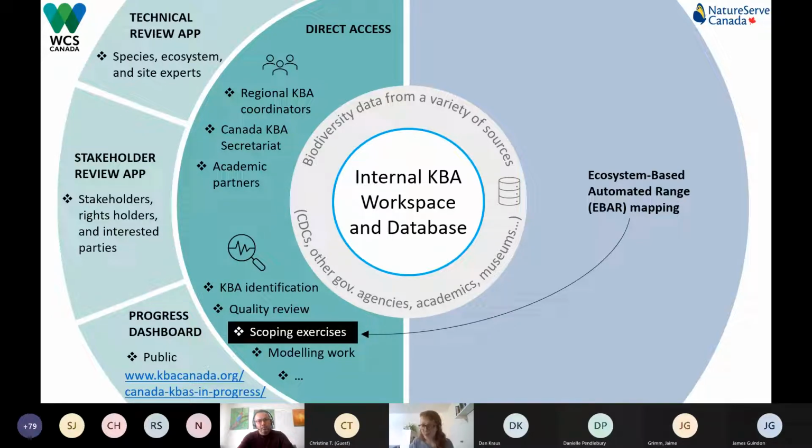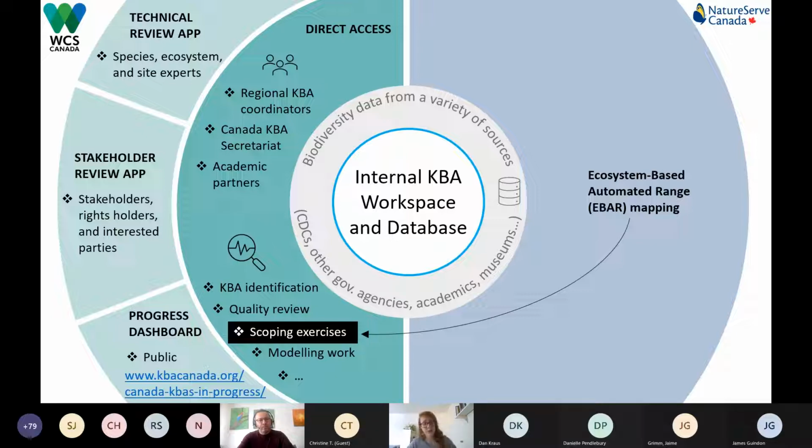These data products that are being created by users with direct access are then shared further with different users. So one example is we have a technical review app that enables species, ecosystem, and site experts to access some of the data products that we create to help us review KBA proposals and give us additional information about the sites and ecosystems and the species that are present.